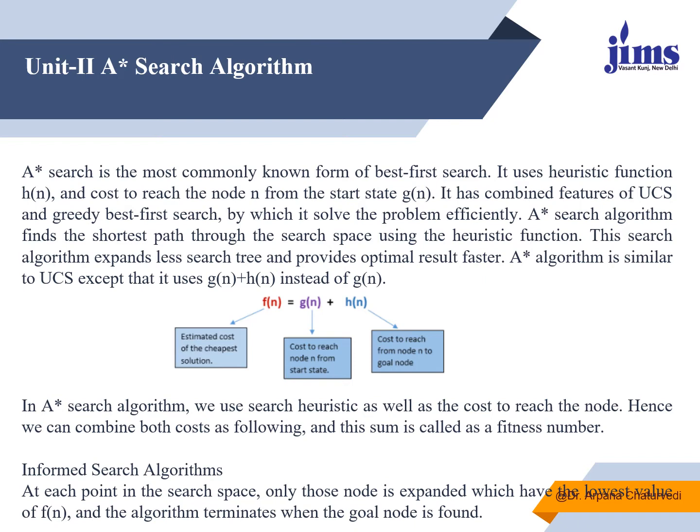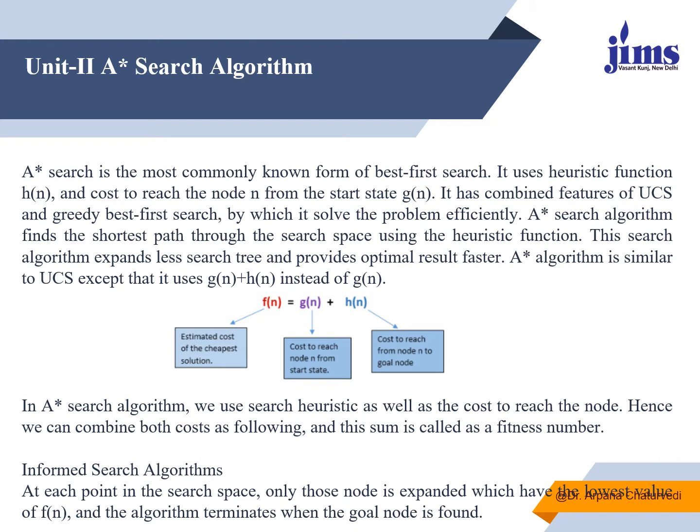It also uses the heuristic function h(n) and the cost to reach the node n from the start state, g(n). So it actually combines features of uniform cost search and greedy best first search together, by which it solves the problem efficiently.